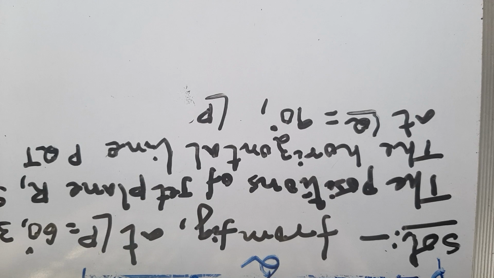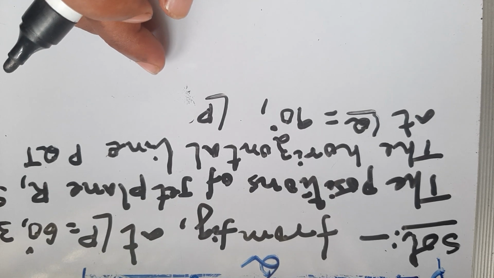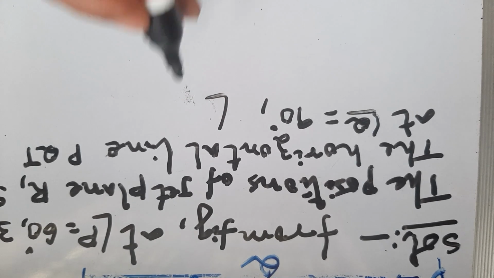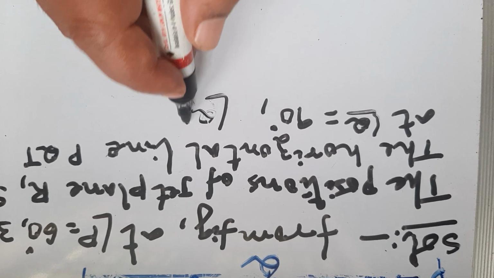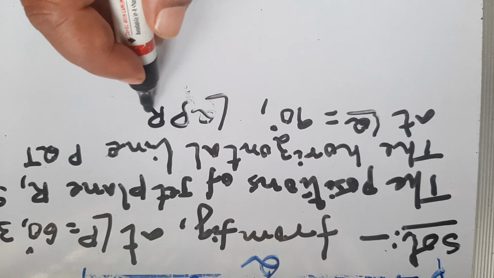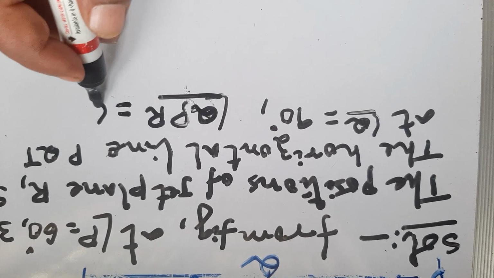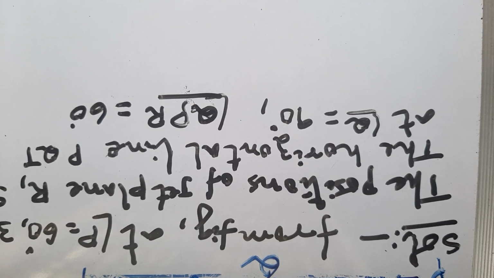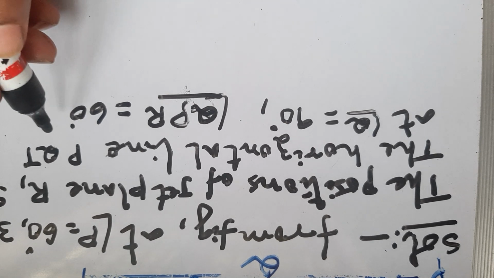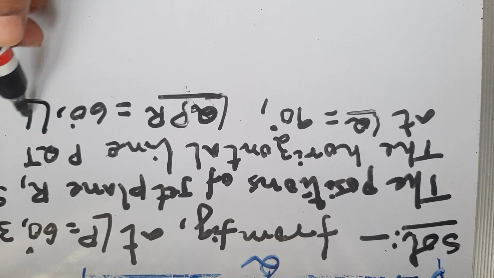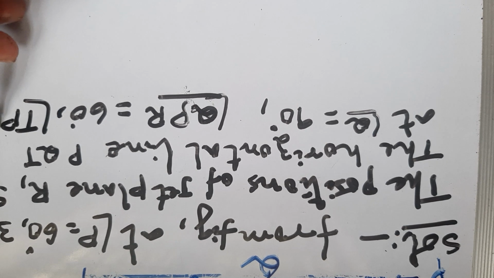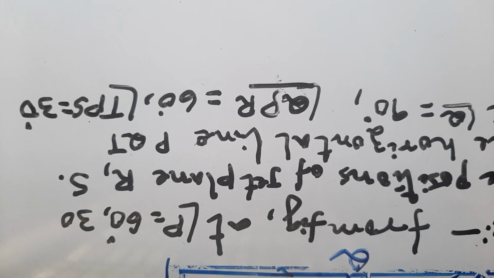Angle QPR is equal to 60 degrees, the angle of elevation. Next, angle TPS is 30 degrees, that is given there. I hope you understand this.